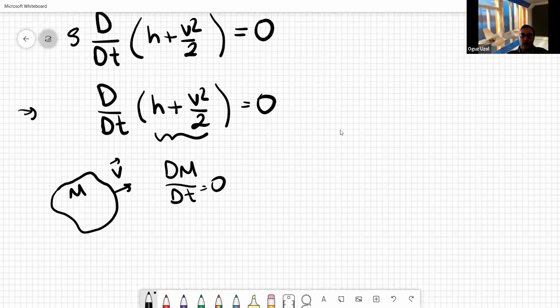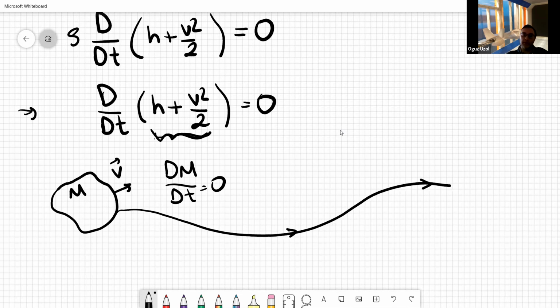And we wrote other equations regarding this fluid particle as it is moving around. But now, for that adiabatic process that we just defined, for example slowing down towards the stagnation state, this quantity of the fluid particle does not change in time along a streamline. If this fluid particle is moving along a streamline, this quantity h plus v square over 2 also does not change.